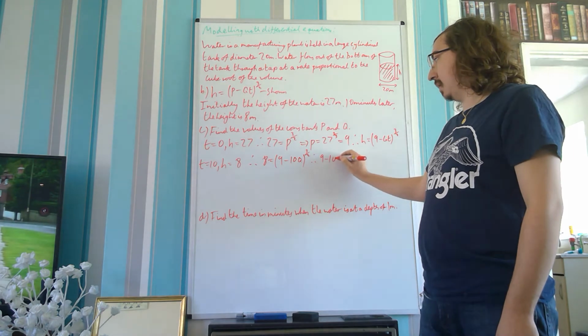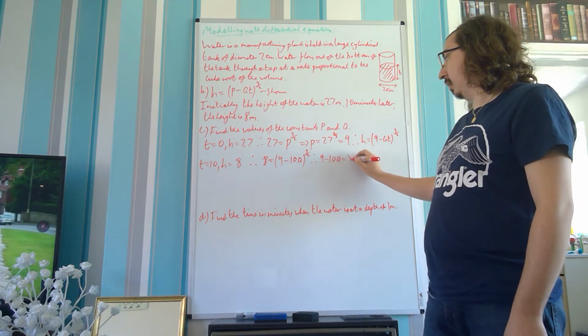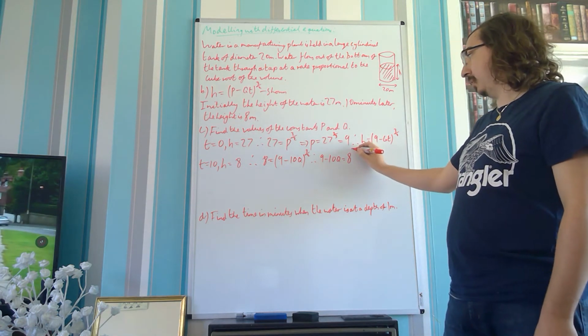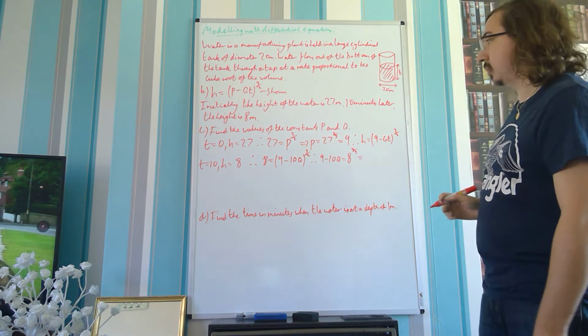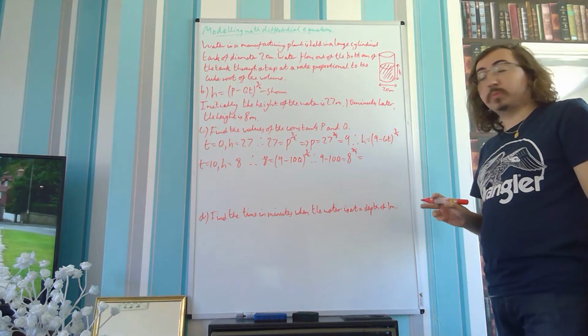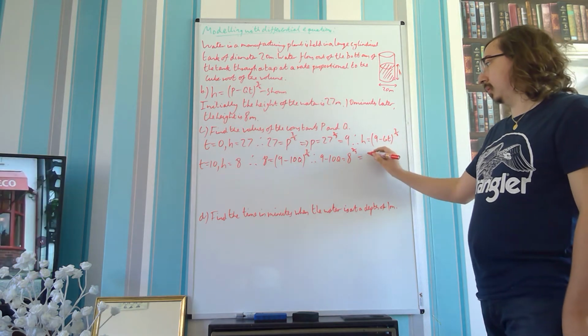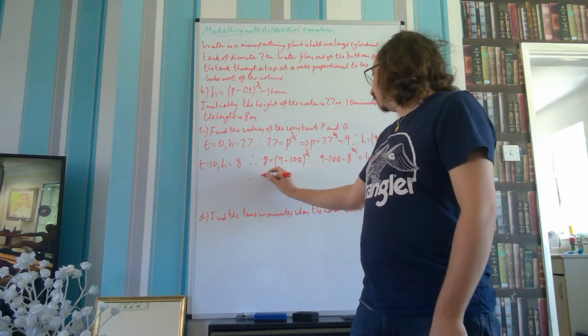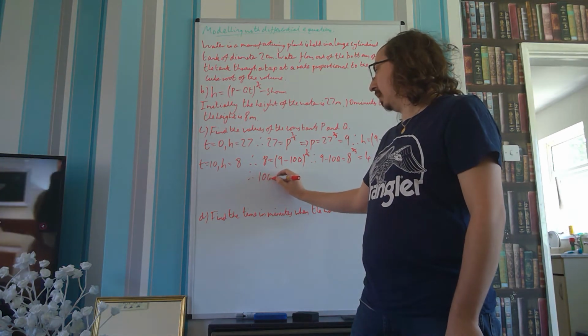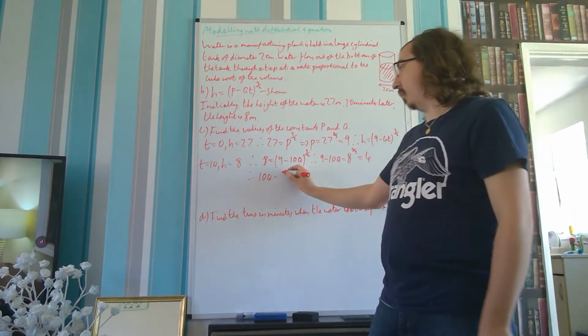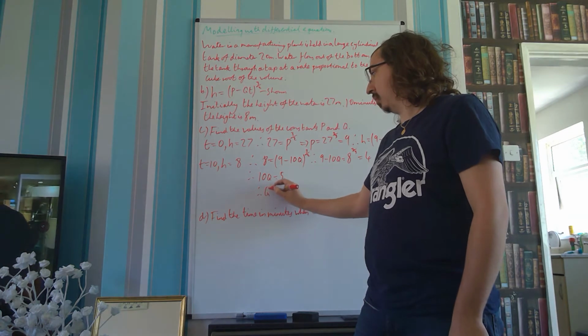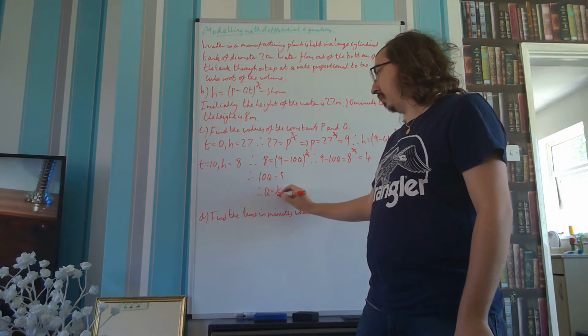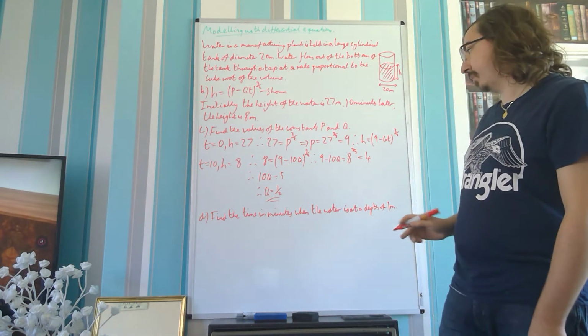So we can say 9 minus 10q is equal to 8, flipping the power, to the power of 2/3. The cube root of 8 is 2, and 2 squared is equal to 4. So therefore 10q, 9 minus 4 is 5, and q is therefore equal to 1/2.